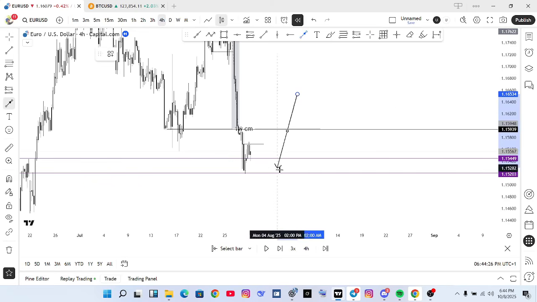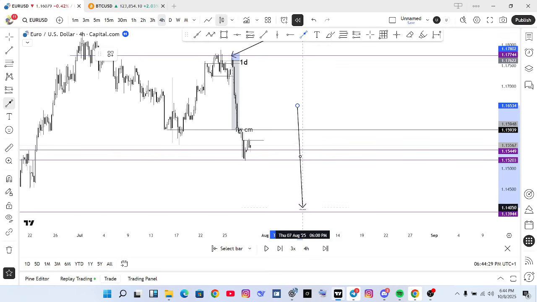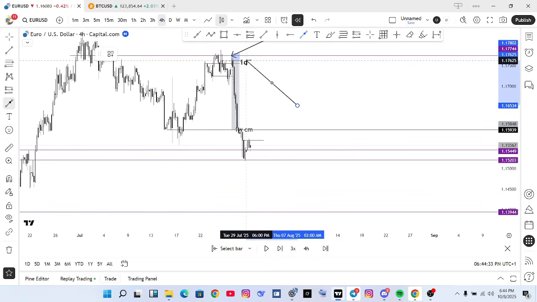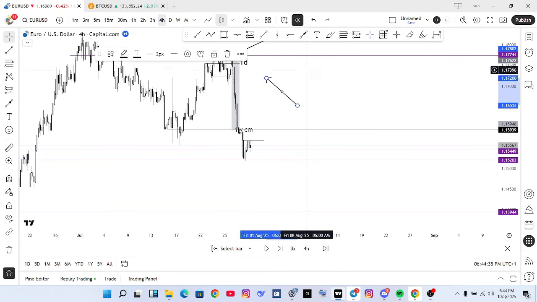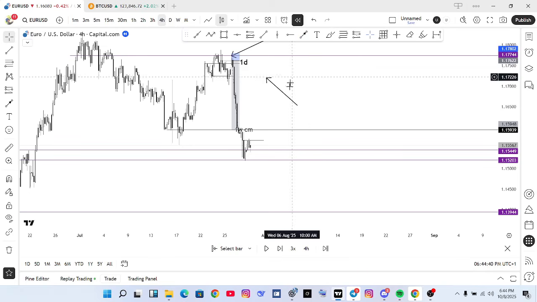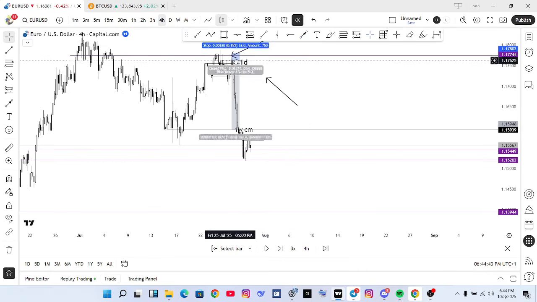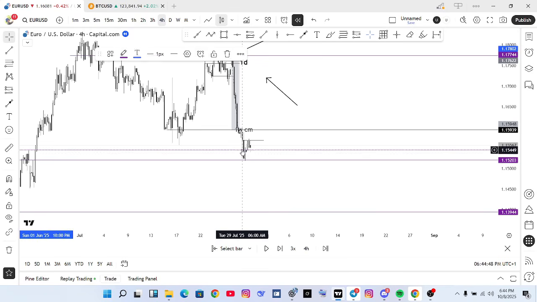I also drew another one down here. I told you that if a weekly storyline starts from here, that's where I was talking about where price is coming from and where price might be going to. Then I said if this storyline starts from here, price will either reject from this weekly, or where? This weekly.